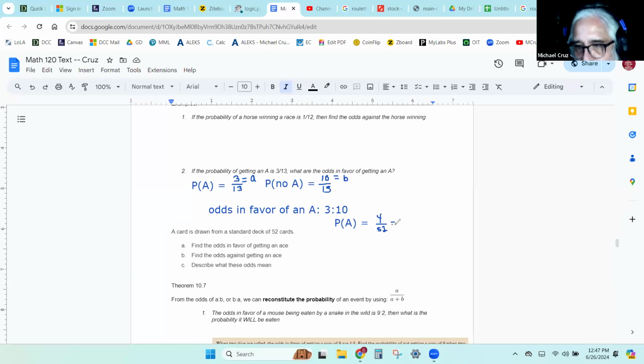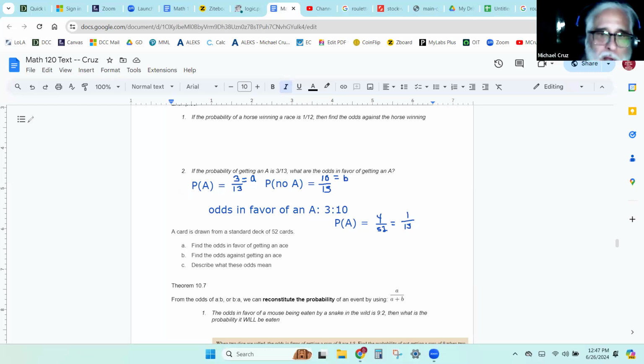Or simplified, it's one ace out of 13 cards. Because 12 of them are 2, 3, 4, 5, 6, 7, 8, 9, 10, Jack, Queen, and King, and only one of them is the ace, because the ace and all the other cards make up the 13.